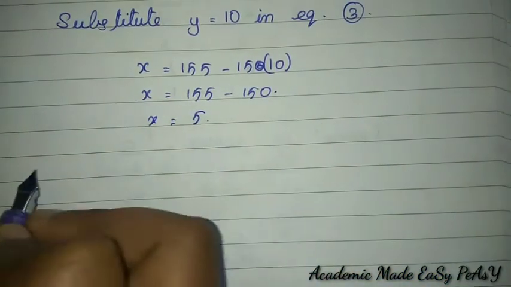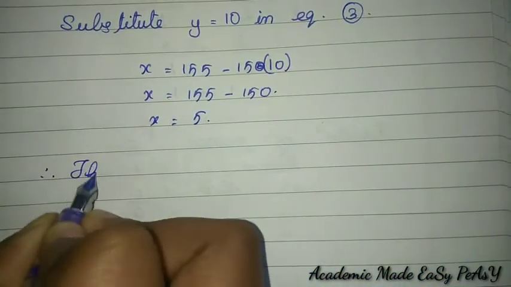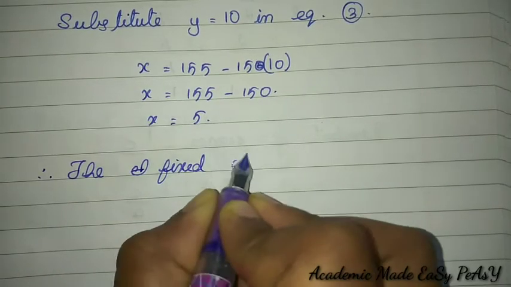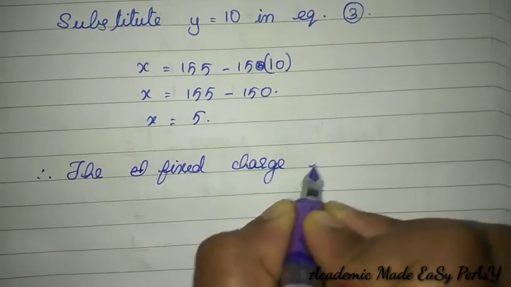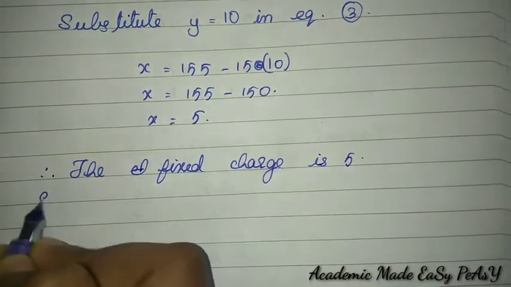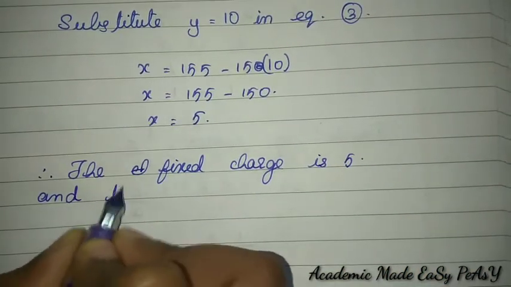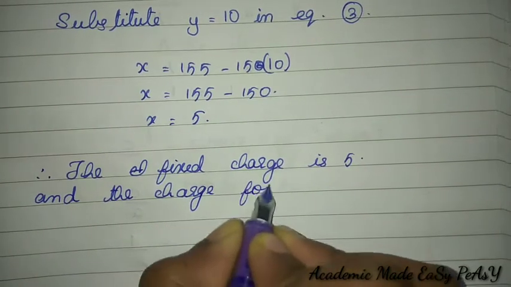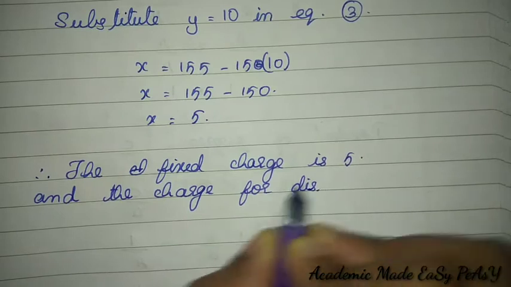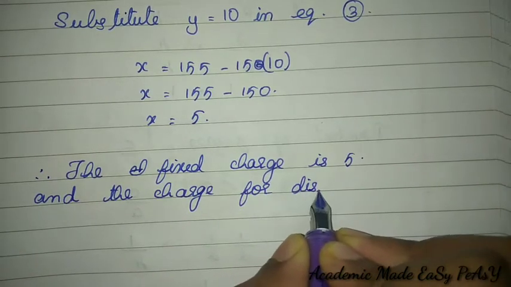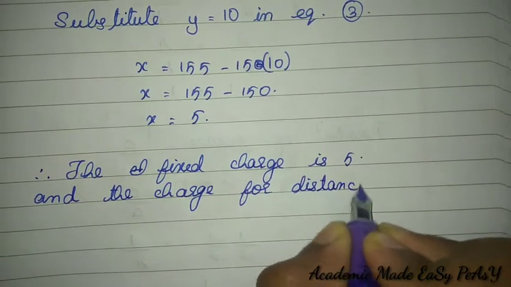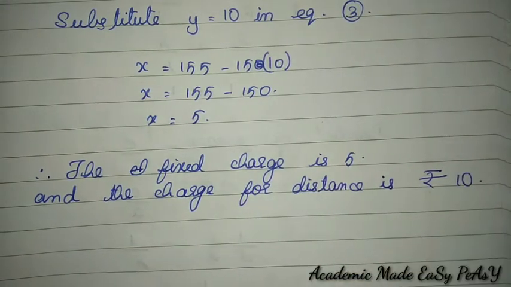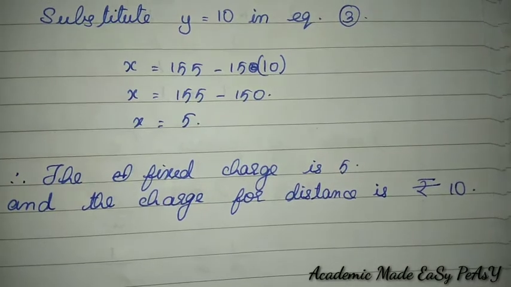Therefore we will say that the fixed charge is rupees 5 and the charge for distance is rupees 10. That's it. So now part 1 is over.